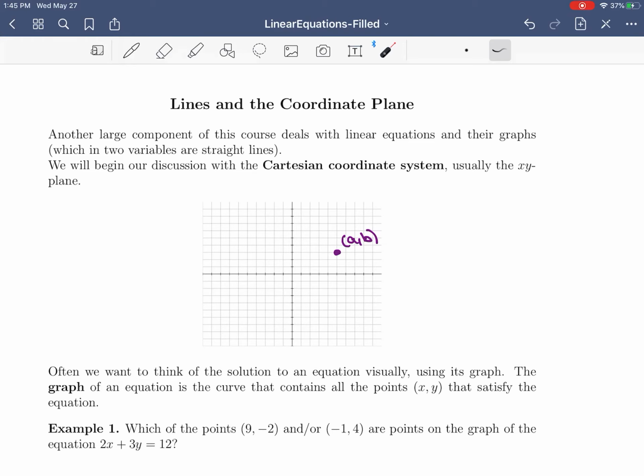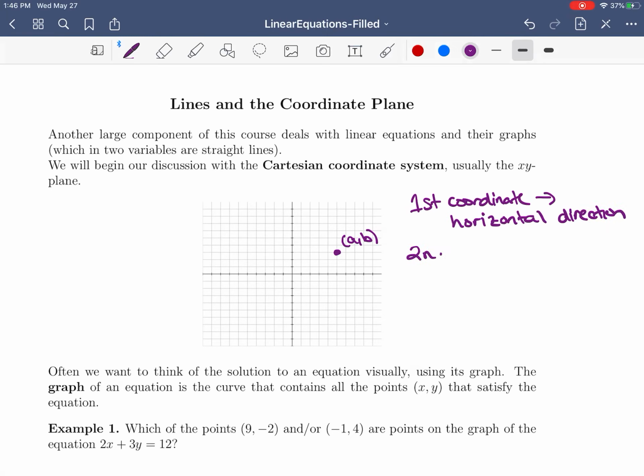The first coordinate tells you your horizontal direction, and the second coordinate tells you your vertical direction.